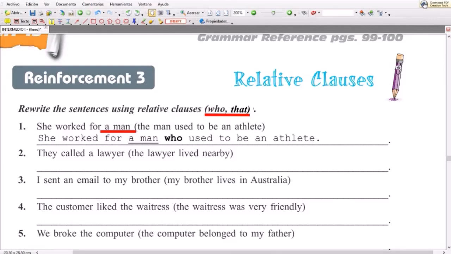Ella trabajó para un hombre quien solía ser atleta. You erase the second "the man", because who is going to replace it. Number two, for example: they called a lawyer who lived nearby. Ellos llamaron a un abogado quien vivía cerca.